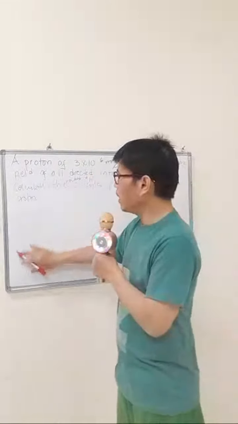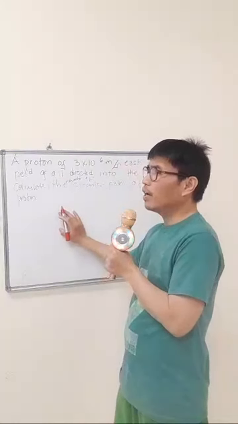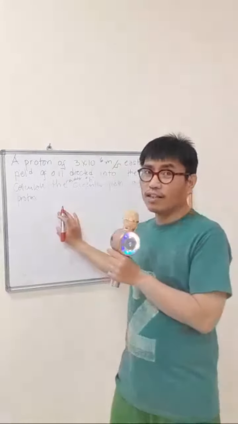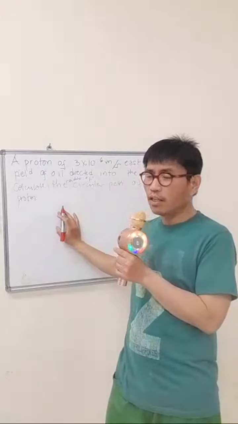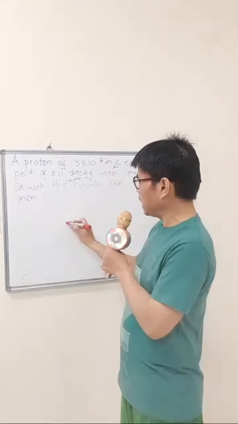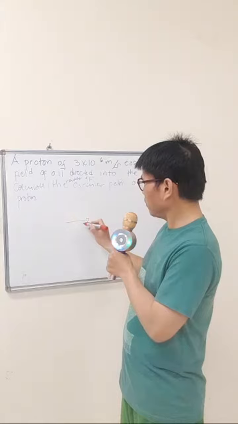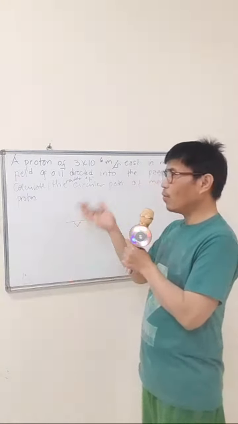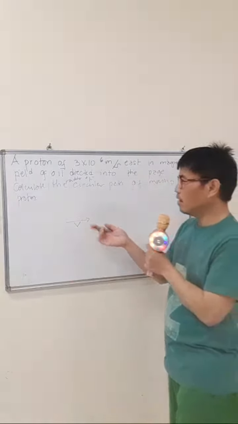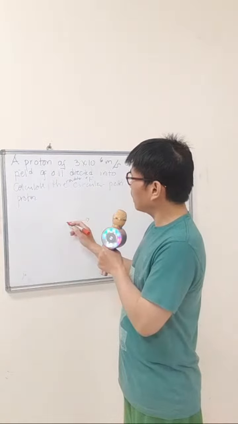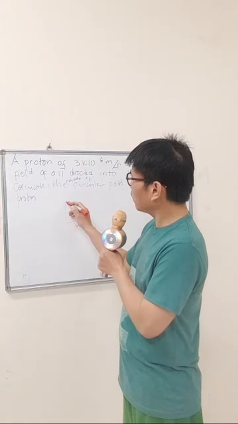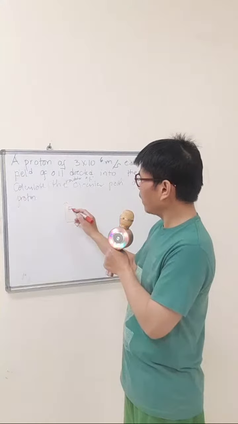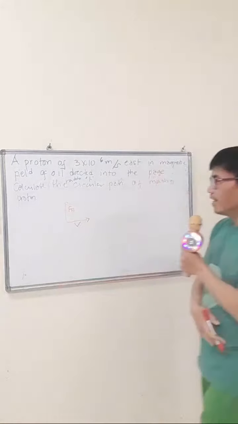So for example, if I have an electron, or let's say a proton, a charged particle, it will move to the east. It's a velocity V that influences the magnetic force. So it's the perpendicular magnetic force here, FB.